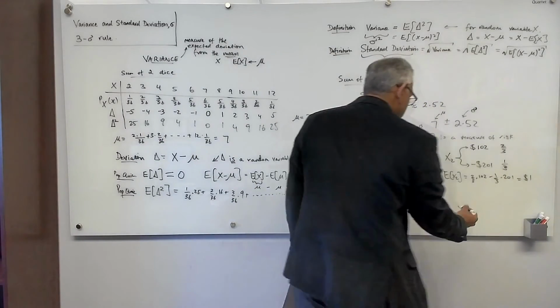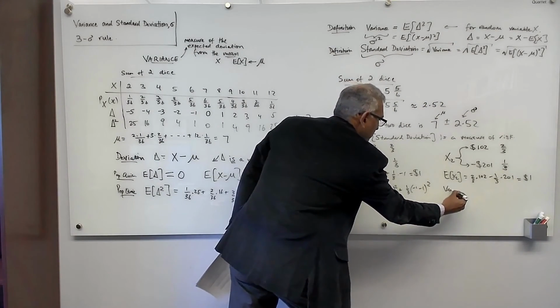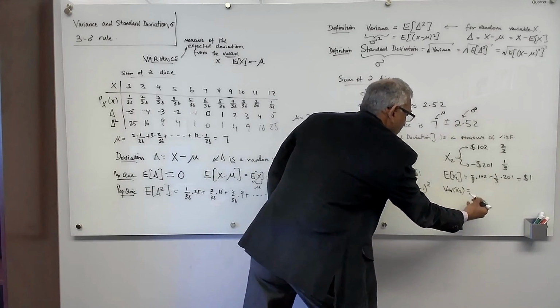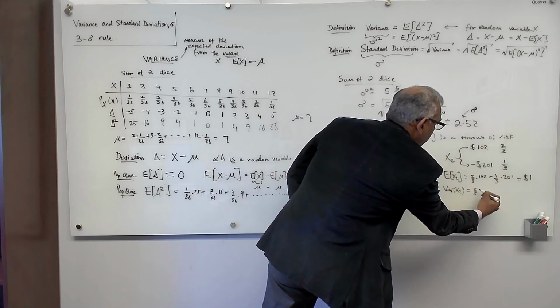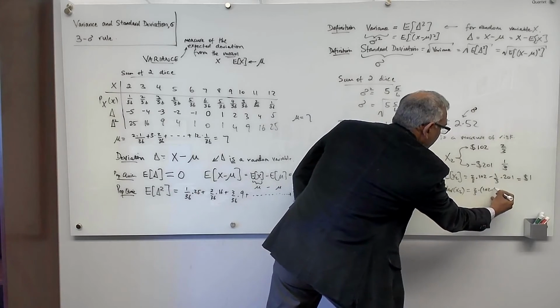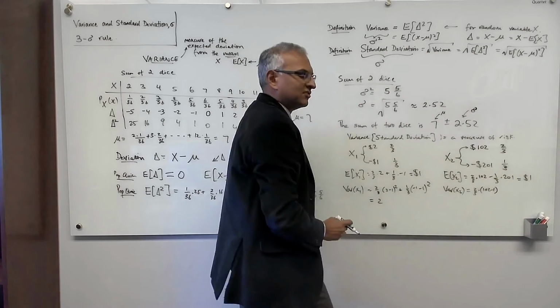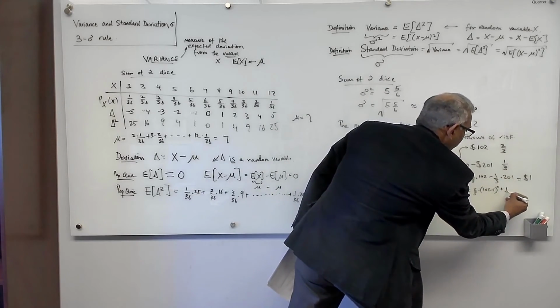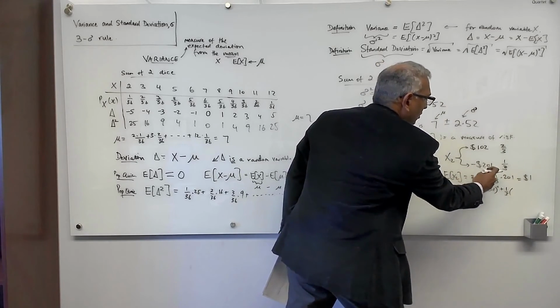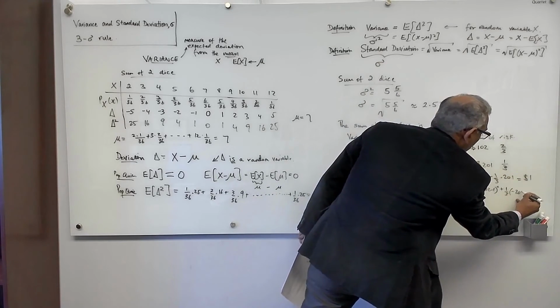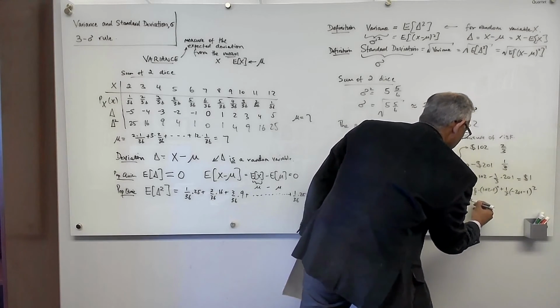Here, the variance of X2 is equal to 2/3 times (102 minus 1) squared, the deviation squared, plus 1/3 times (minus 201 minus 1) squared. And this is a big number.